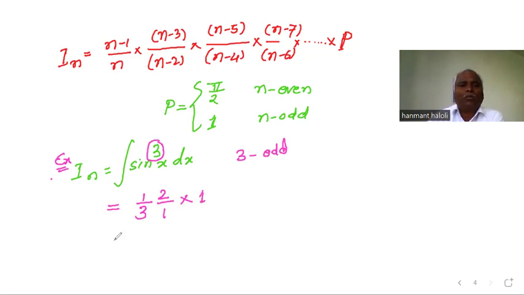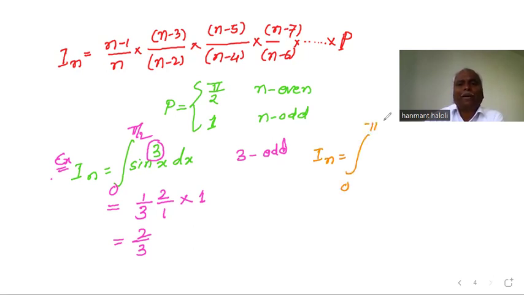Then the value of the integral of sine cube x dx is 2 by 3 for the limits 0 to pi by 2.